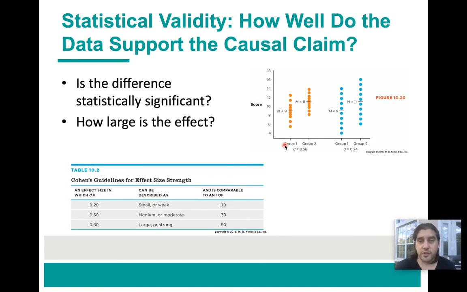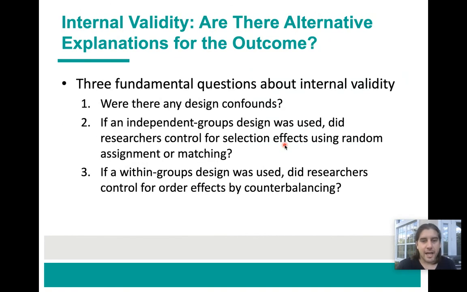At this point in the semester, we've discussed that in terms of multiple types of statistics. So you should have a good handle on, are we achieving statistical significance? Yes or no? And then do we have a robust effect or not? And lastly, internal validity. Did I have any confounds? Did I have any selection effects or order effects?